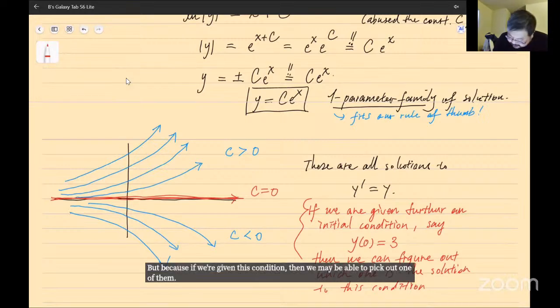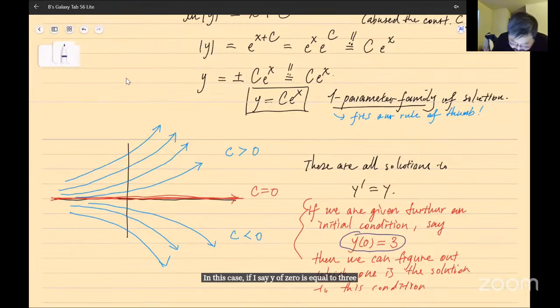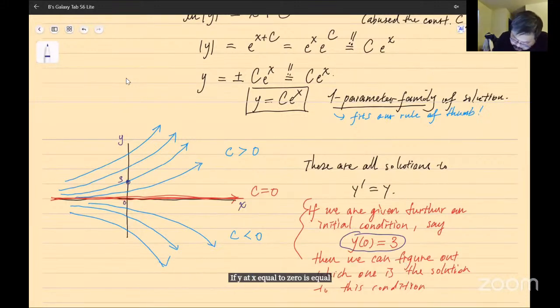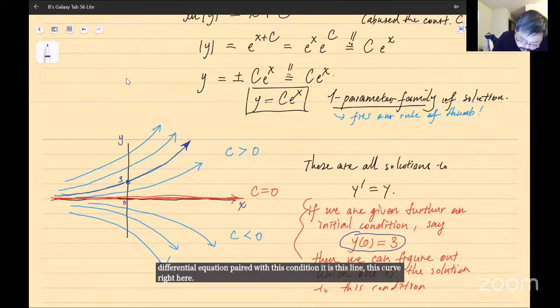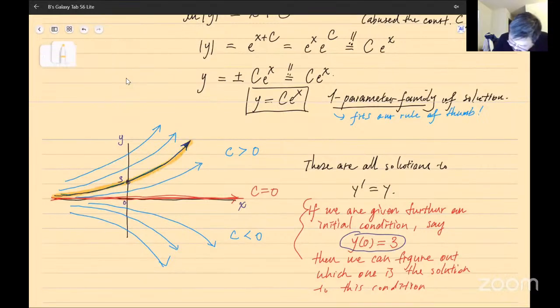In this case, if I say y of 0 is equal to 3, maybe this is a number 3 right here. So I should probably label this a little bit. This is the y-axis, this is the x-axis. If y at x equal to 0 is equal to 3, then the solution to this differential equation paired with this condition is this curve right here. I'll maybe highlight this. Okay, that goes with this condition.